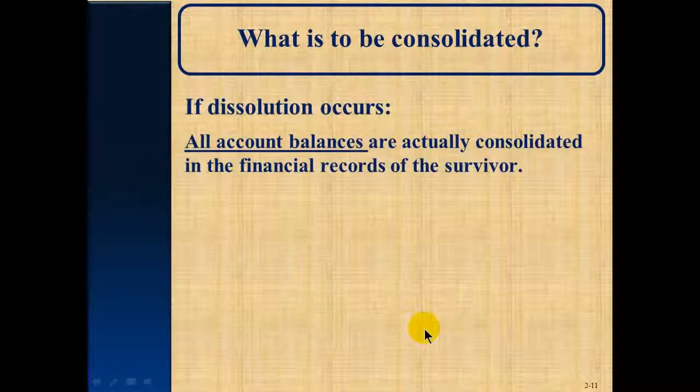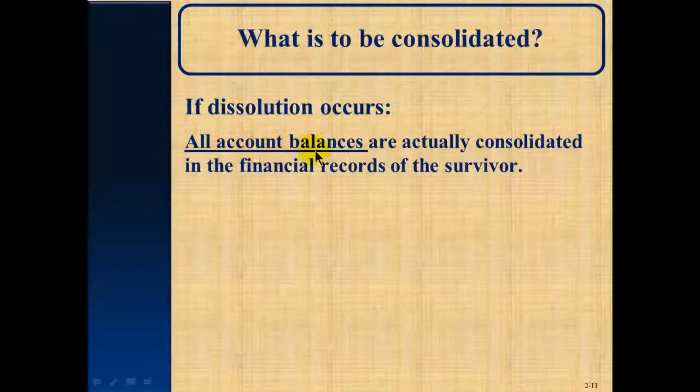So what is it that you consolidate? Well, you bring all the account balances together in the financial records of the survivor. Now, this is if dissolution occurs. Okay, so think about this. If that investee company that you're acquiring no longer exists, then yes, I'm consolidating, but I'm doing it with one fell swoop journal entry, and I'm doing exactly what it says.